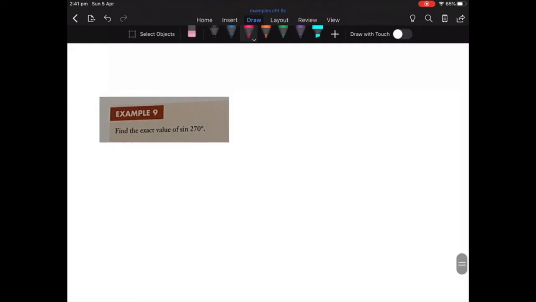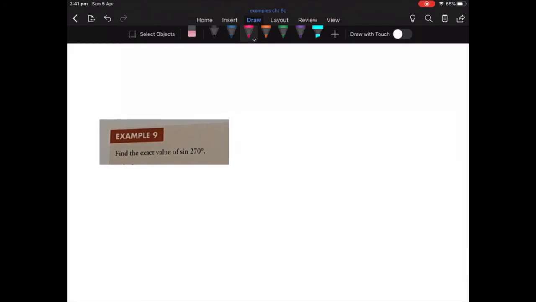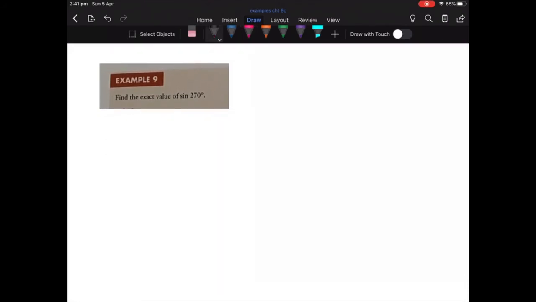All right, number 8. Find the exact value of the sine of 270. So let's do the same thing again. So we've got 270, which brings us all the way to here. Okay, so we've got the sine of 270.